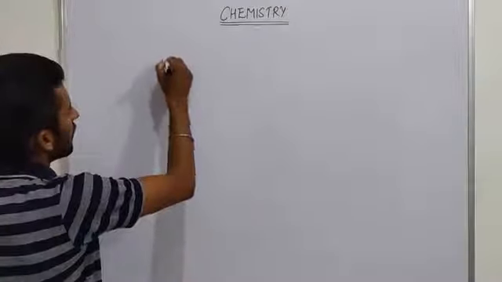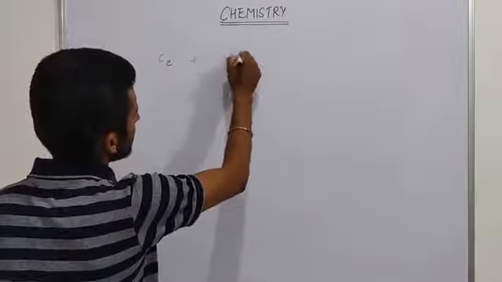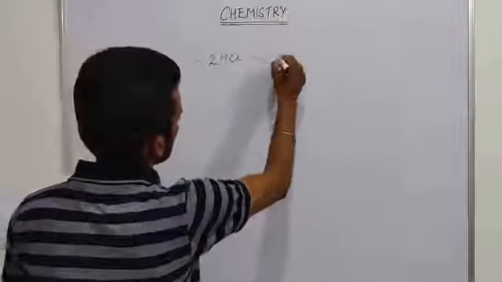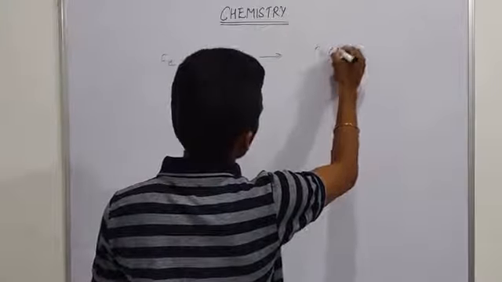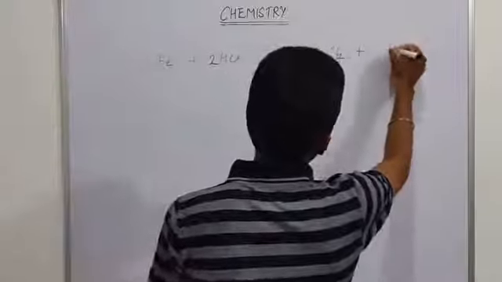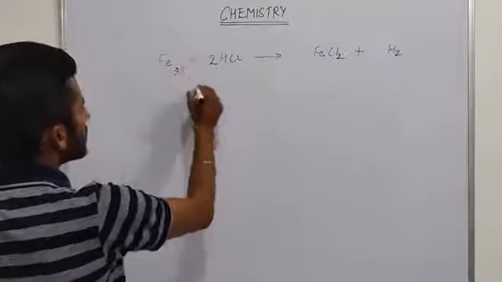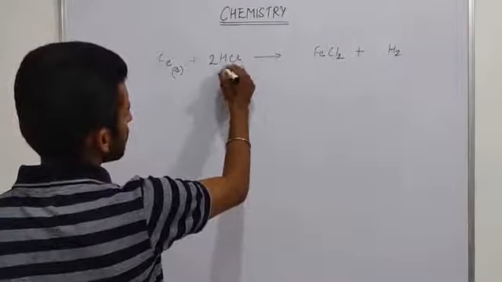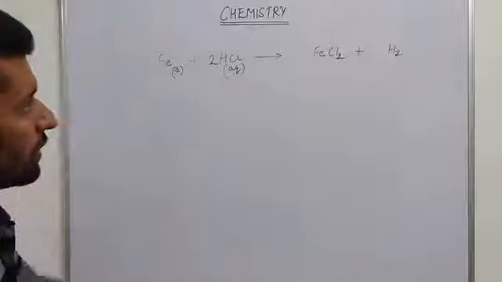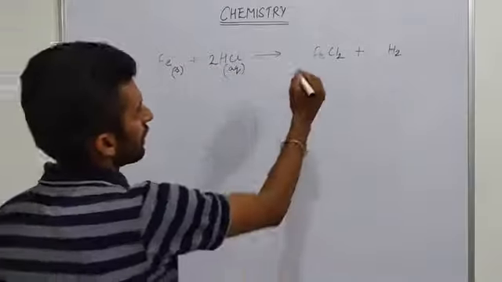like when iron combines with HCl, there is formation of iron chloride along with hydrogen. Now iron is a metal, so it is solid in state. HCl is a liquid which is formed by dissolving in water, so it is represented by aq. aq represents aqueous.